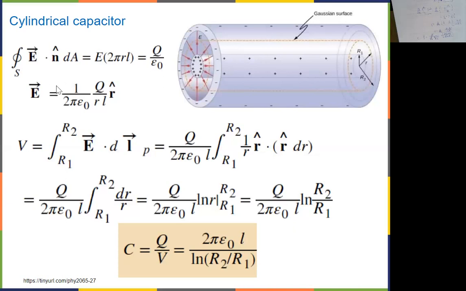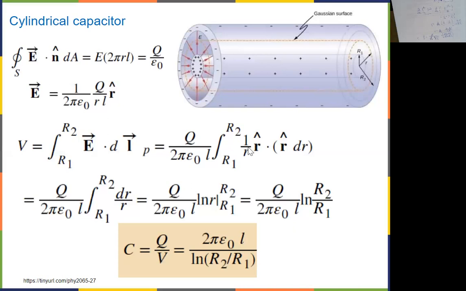So from here, you get your electric field is 1 over 2 pi epsilon 0, basically dividing the right hand side by this 2 pi r times L. That gives you the E field: Q over r times L in the radial direction. Then V, the electric potential difference between the two metal pieces, you can calculate in this fashion. Okay, so again, E dot dl. You can again move the non-variables before the integration.